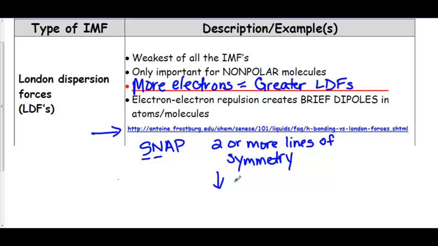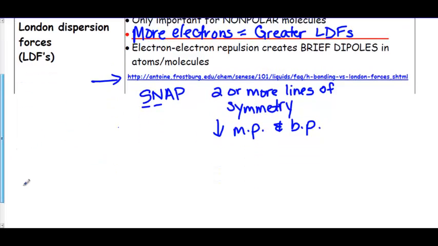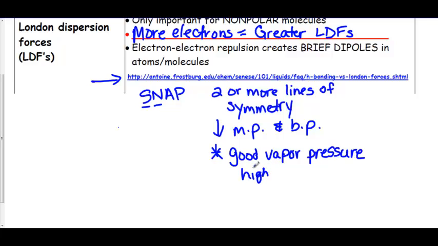They will have low melting points and boiling points, and I'm abbreviating that for you. And these will have good vapor pressure, which means that it has a high ability to evaporate.